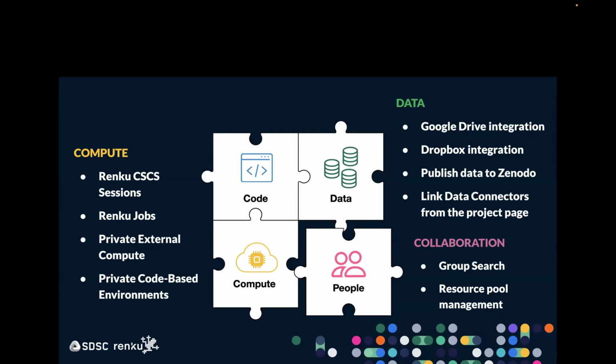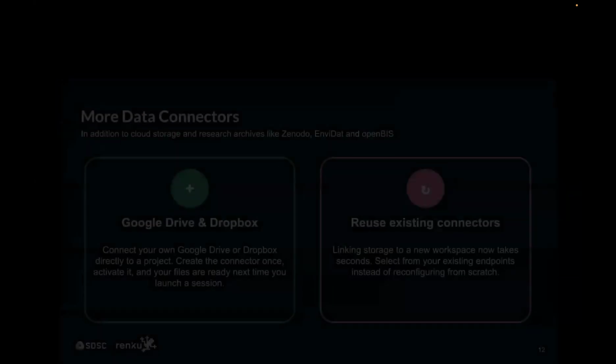One of our latest features, the Renku Jobs, how to create private compute environments from private code repositories, and the access to private external compute. So as Rob was mentioning, also to be able to connect to the infrastructure that the users bring.